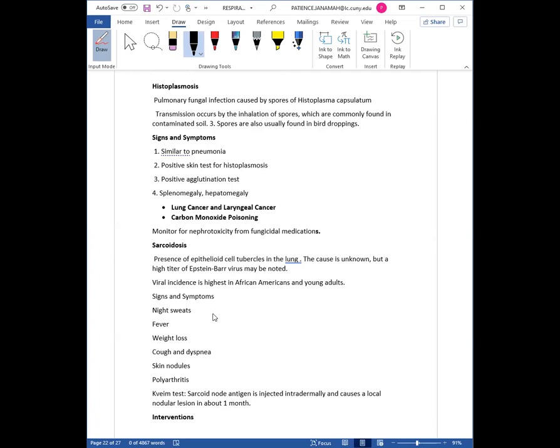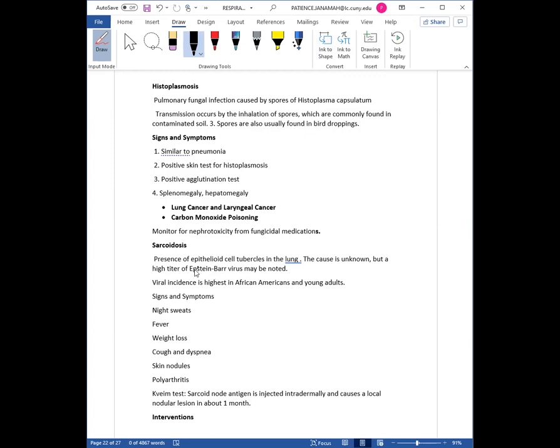The cause is unknown, but a high titer of Epstein-Barr virus may be noted. So when they do the titers for Epstein-Barr virus, they want to check if you have ever had that virus. I want you guys to go and look at what Epstein-Barr virus is. When they do the titers for it, they will realize that the titers are very high.